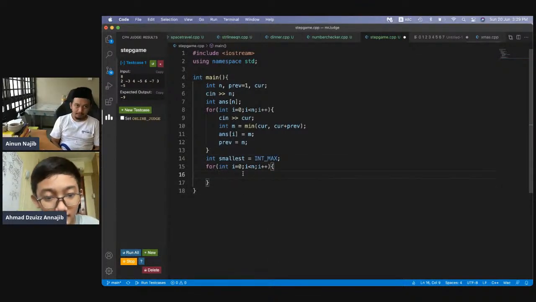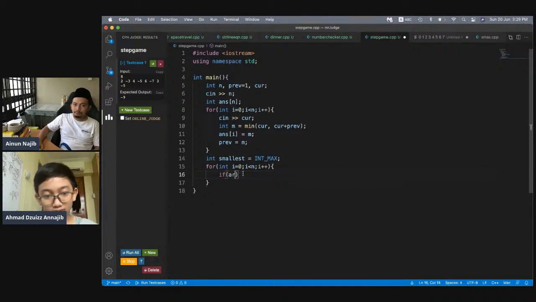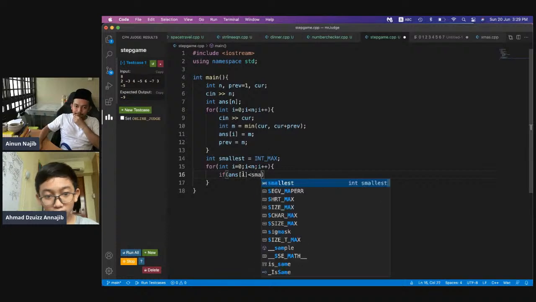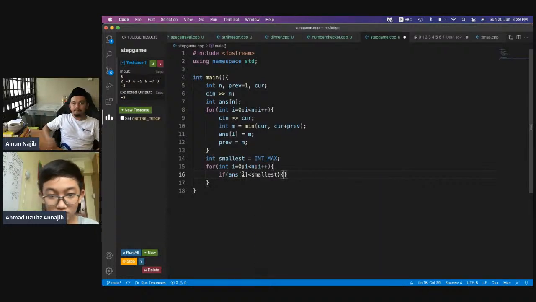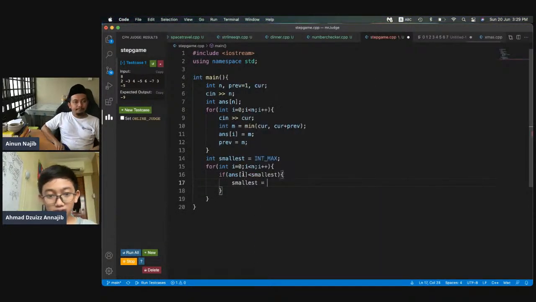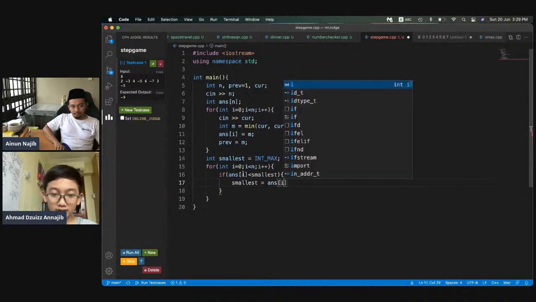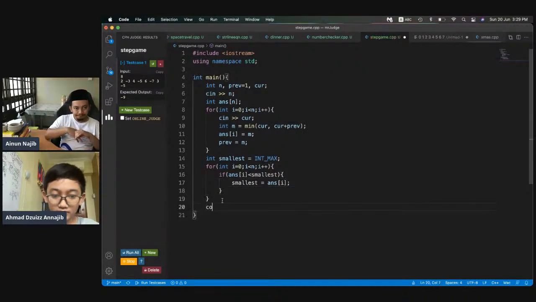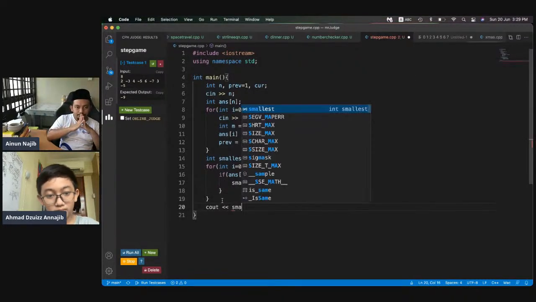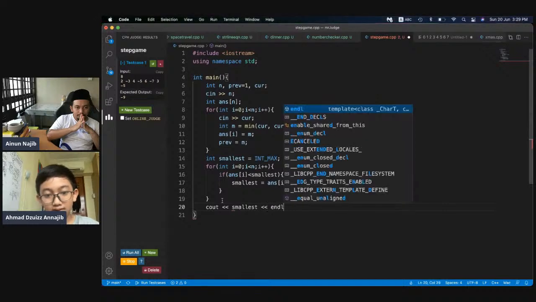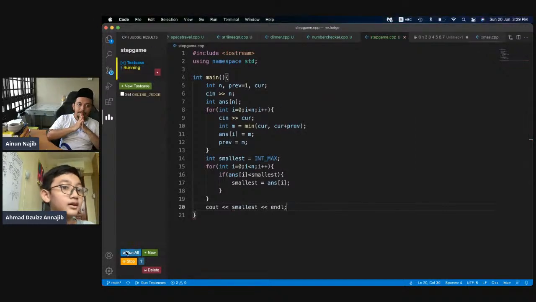And then if ans[i] is smaller than smallest, smallest equals ans[i]. Then count smallest, and then try the test.